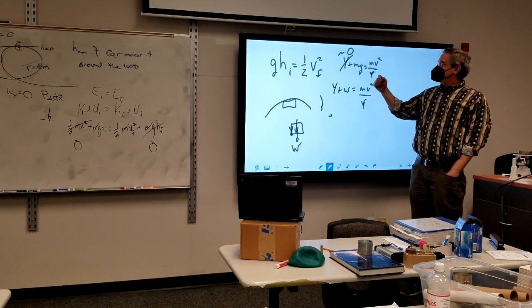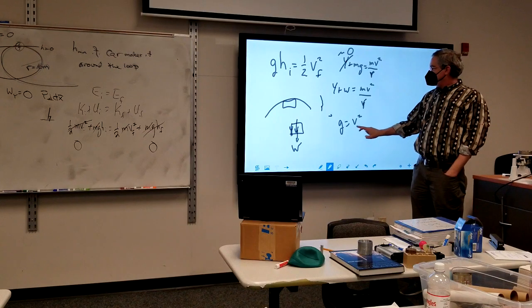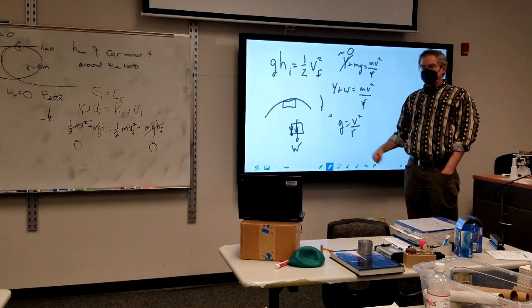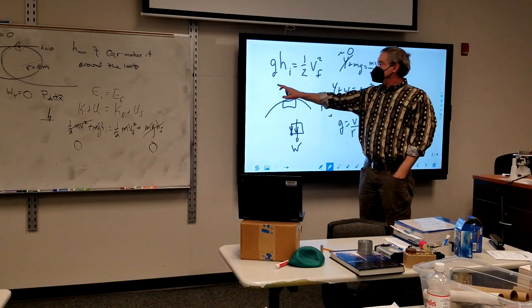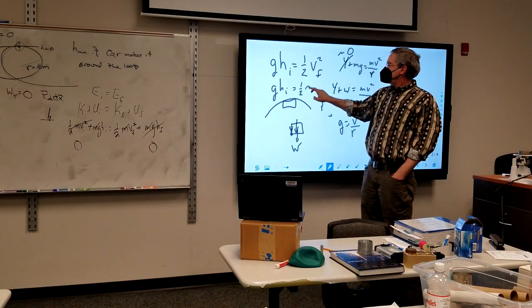So g equals v squared over R? Yep. Or more importantly, v squared is equal to gR. So my problem over here becomes g times h sub i is equal to 1/2 gR.